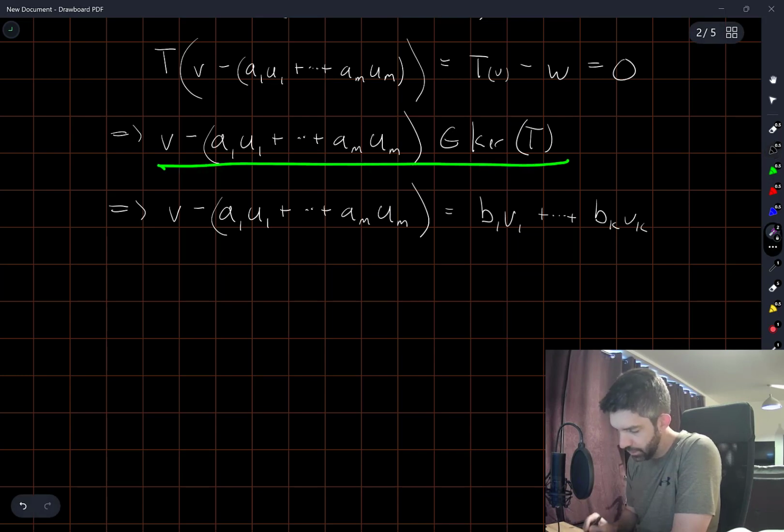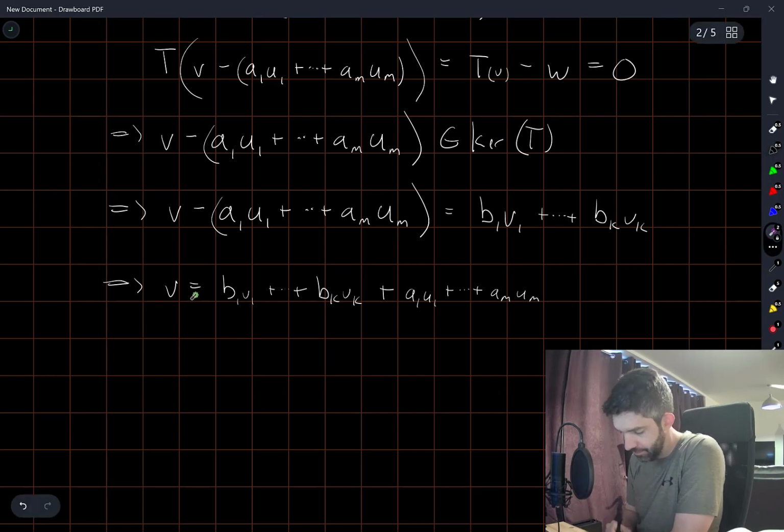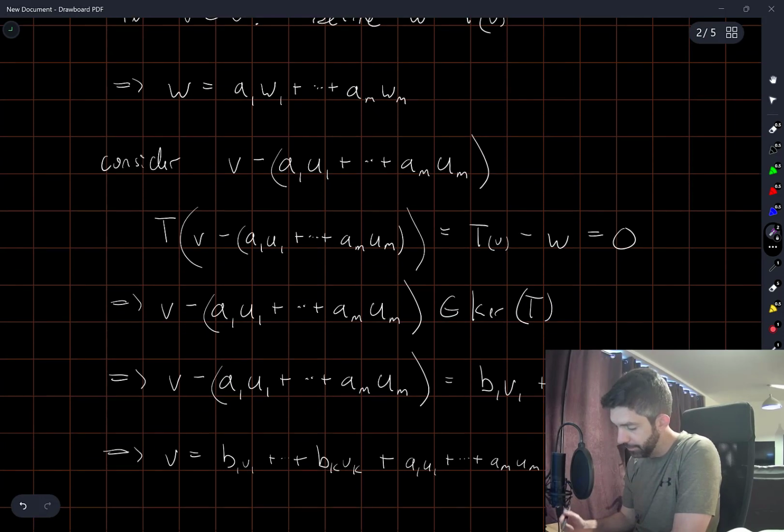But if I now just rearrange this, I have V is equal to B1 V1 up to BK VK plus A1 U1 up to AM UM. And I have V now written as a linear combination of the vectors that I'm trying to show span V. And so I'm done. I have now in fact shown that the span of these vectors is equal to V.